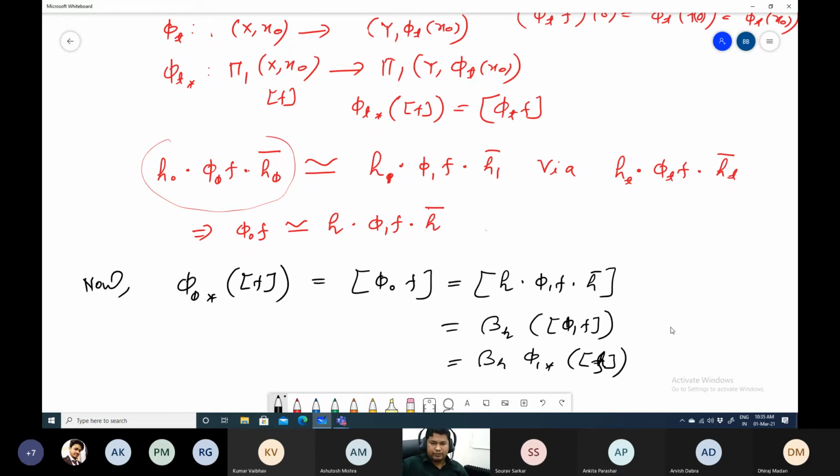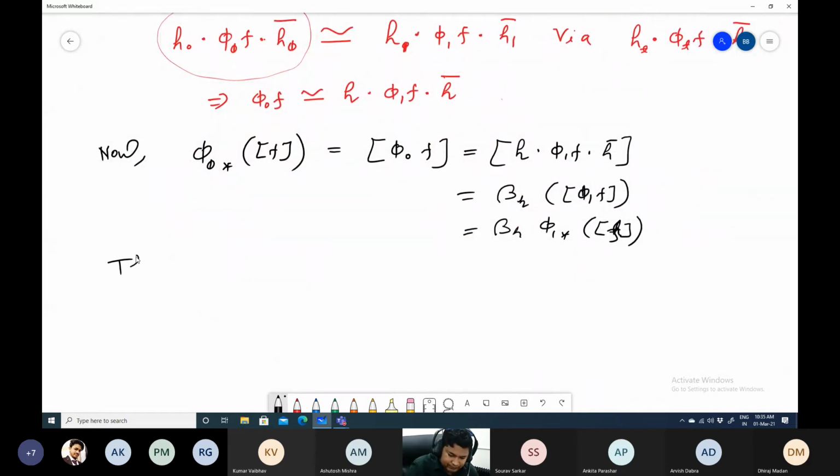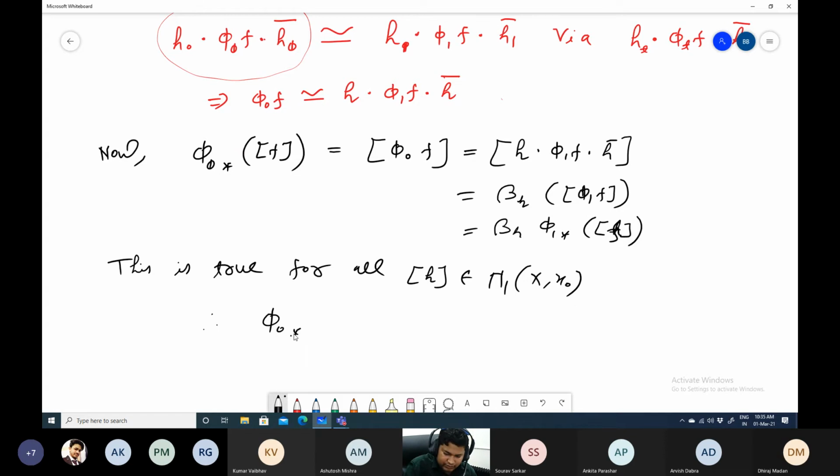So this is true for all h belonging to pi 1 of x comma x0. So therefore phi 0 star is equal to beta h phi 1 star, for all f. Okay, now we have proved that. That is very simple.